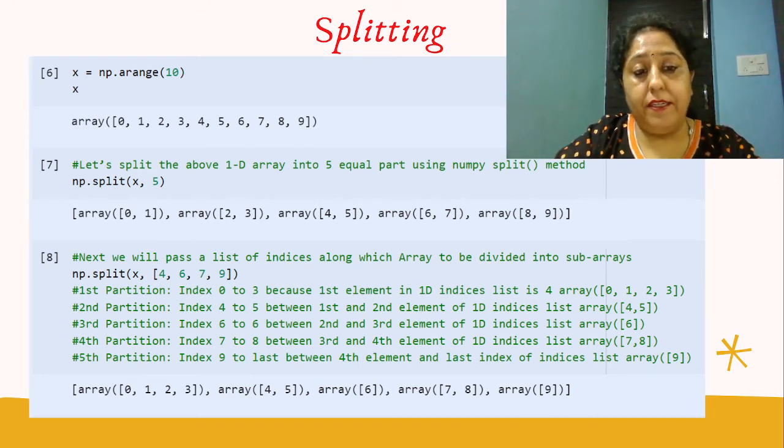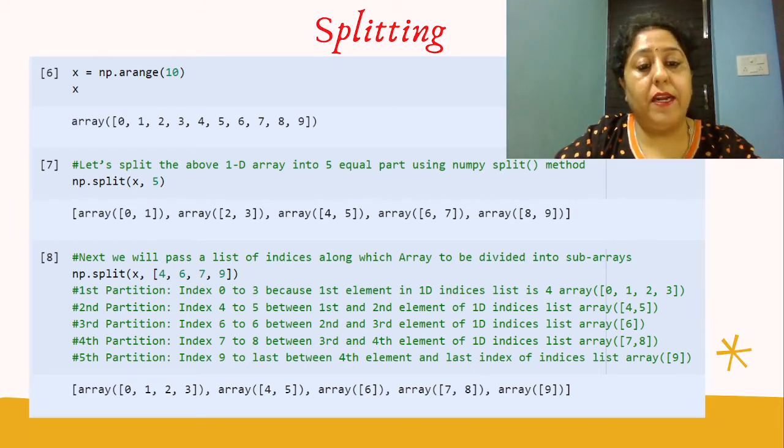The first partition will have values from index 0 to 3 because the first element in the list is 4. So your first array will have 0, 1, 2 and 3.